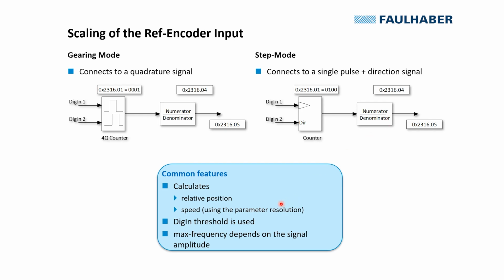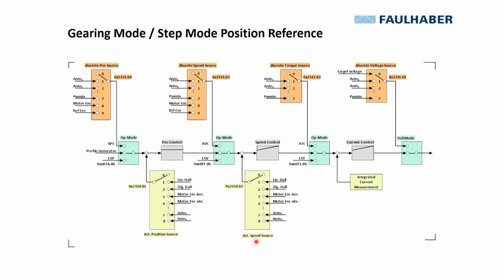Maybe be aware of course, speed or position can be used out of this. The digital in thresholds are used here, and please be aware there might be some limits for the frequency of these signals.